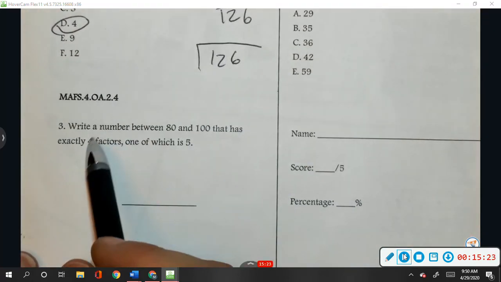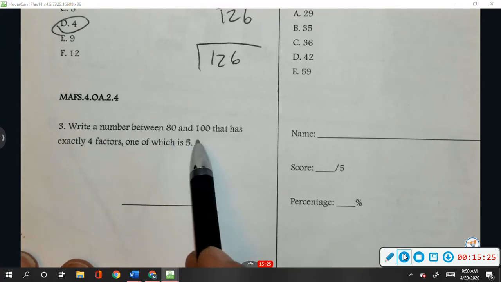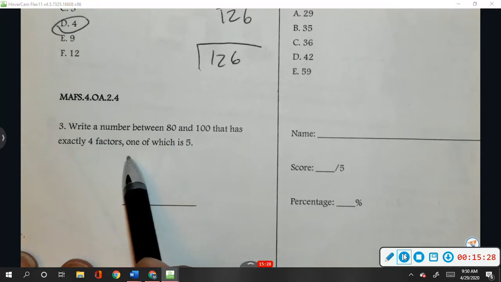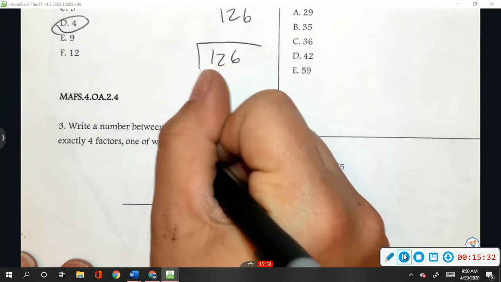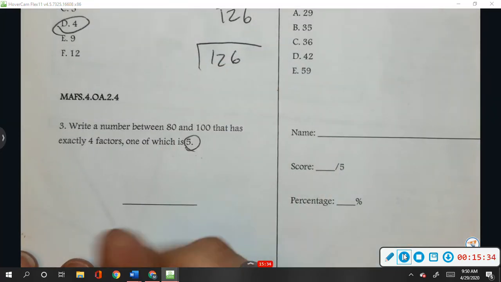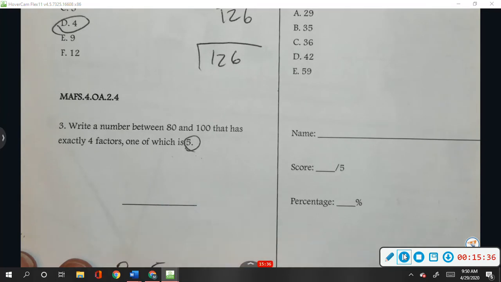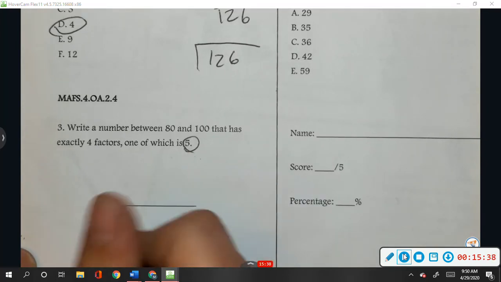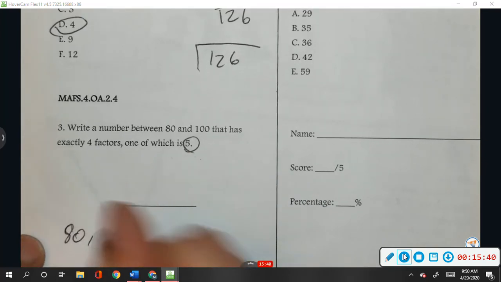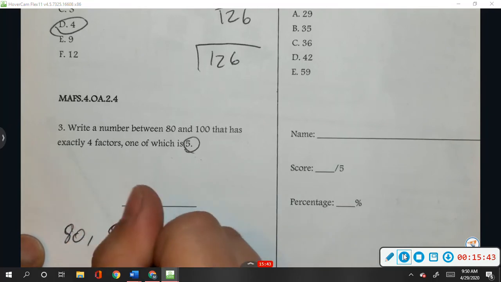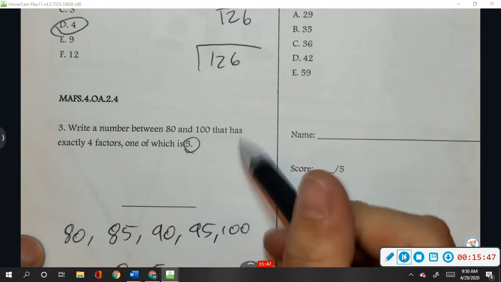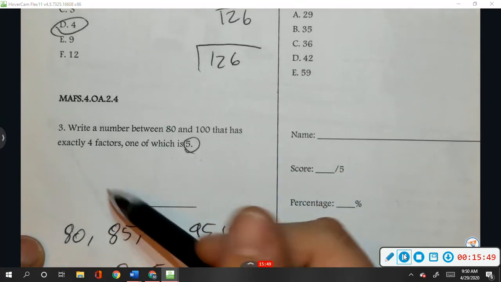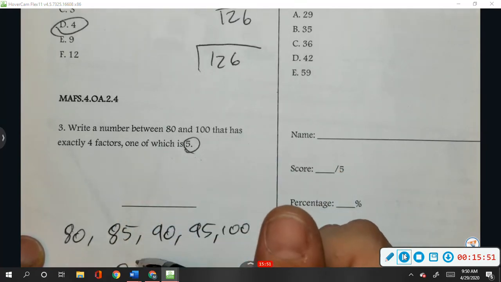Number 3. Write a number between 80 and 100 that has exactly 4 factors, one of which is 5. So remember, our factors of 5 either have to end in 0 or 5. So our choices are 80, 85, 90, 95, and then 100. And now we want a number that has exactly 4 factors.